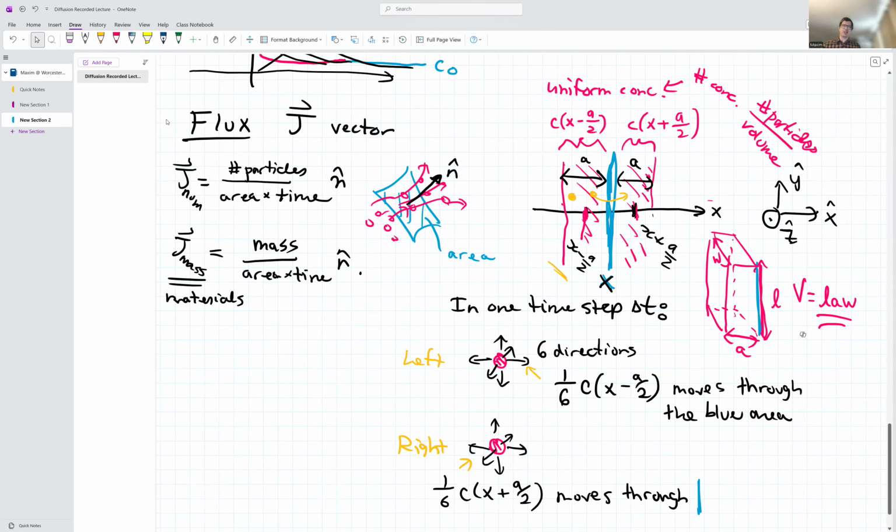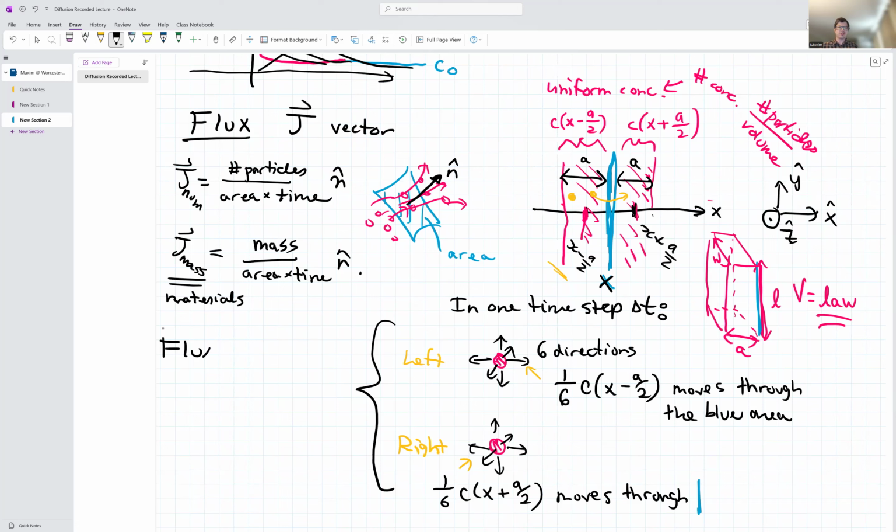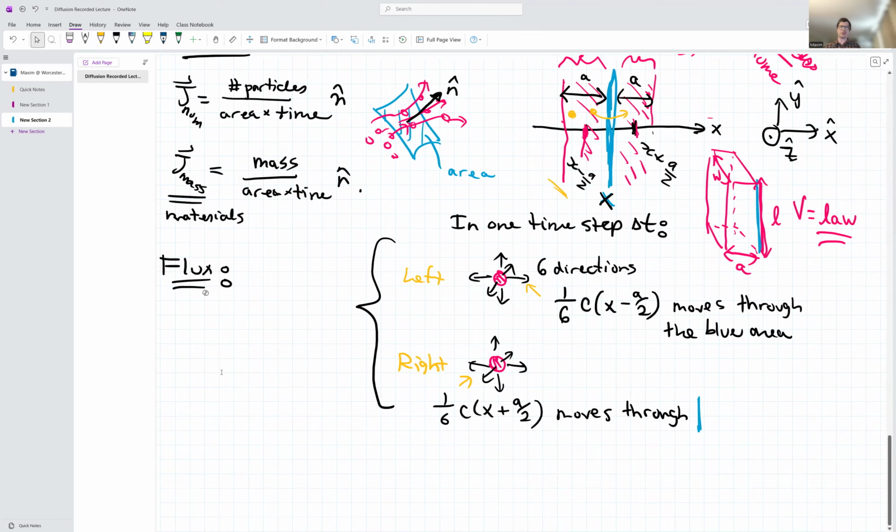Okay, so in this one time step, what is the flux? Let's just calculate the flux. It's the number of particles going to the right. So that's 1/6 times the concentration at x minus A over 2, right? That's the amount of concentration. We need to multiply by the volume to get the number of particles.